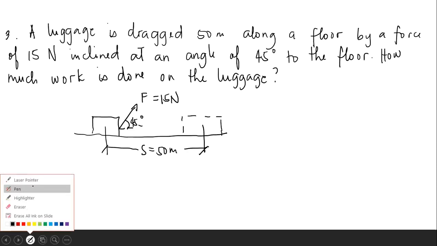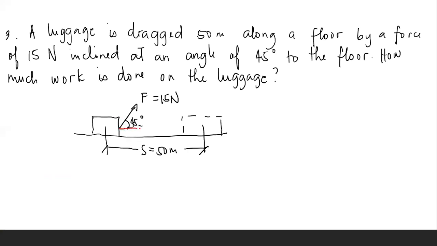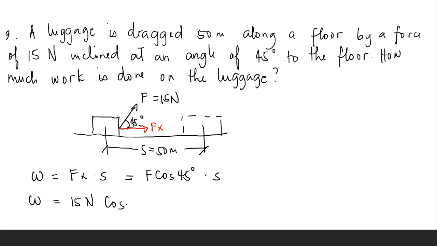Therefore, we have your Fx. The work here is equal to Fx times S, which is equal to F cosine 45 degrees times S, where the work is equal to 15 newtons cosine 45 degrees multiplied by 50 meters, which is equal to 530.33 joules.